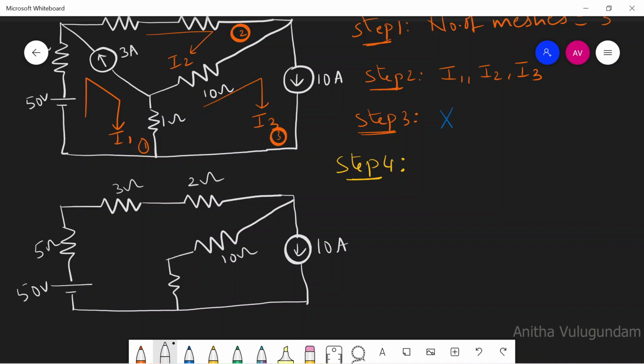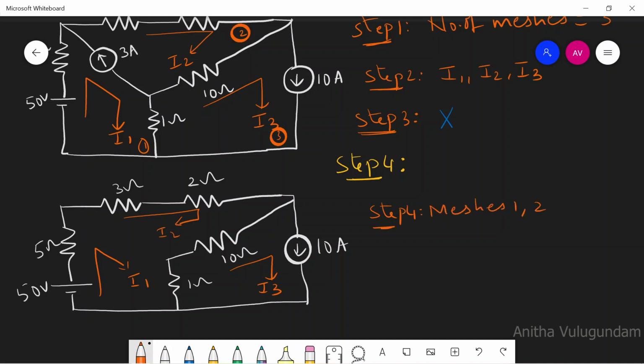So the current source which is common to two branches is removed, and indicate current flow as it is, I2, this is I3. And step 4, meshes 1 and 2 form a super mesh.